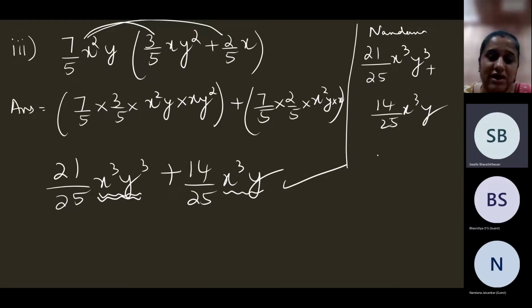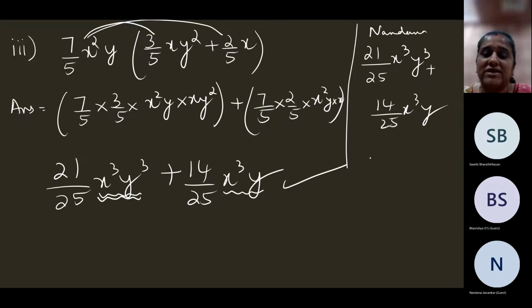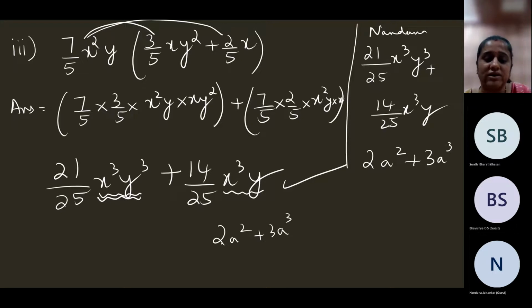See, supposing you have 2a square plus 3a cubed. What will you say? The number can be anything. Look at the letters. A square, a cubed, they're different. When you read them, they should sound the same to be like terms.